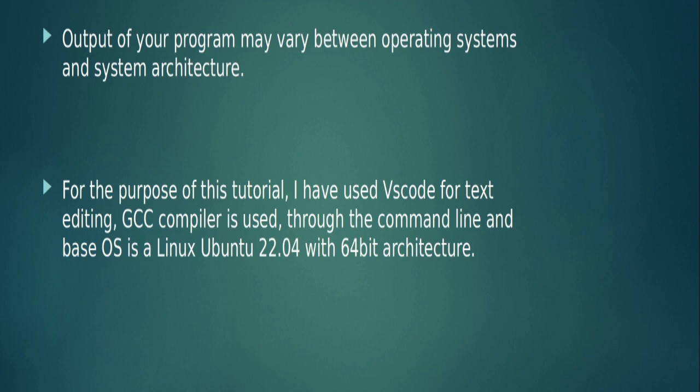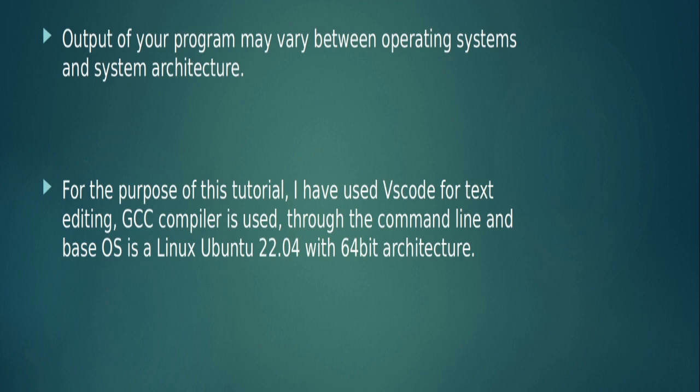However, for the purpose of this tutorial, I'm going to be using VS Code for text editing. You could use other text editors. For example, you could use Emacs. I enjoy using Emacs. You could use Vim.